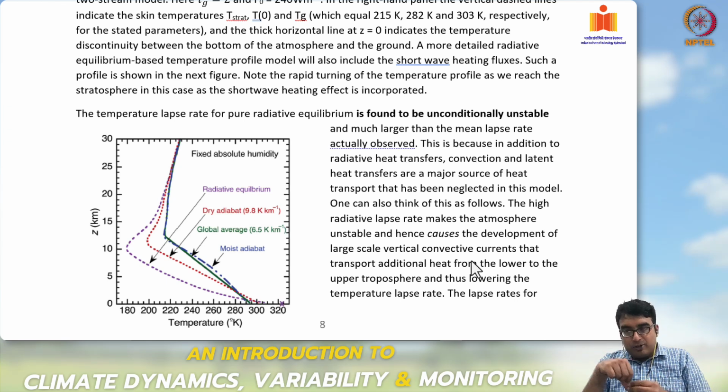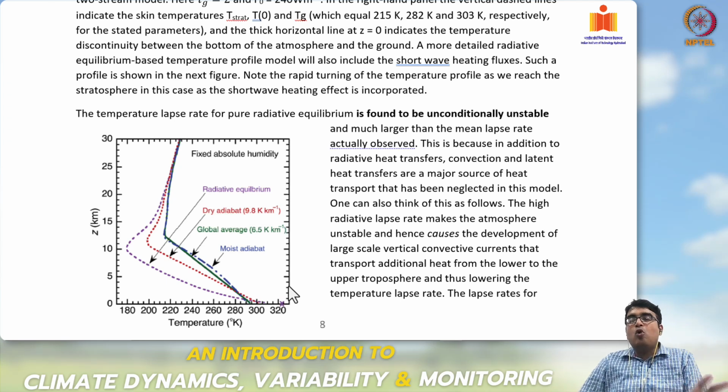So, convective forces have to be taken into account. When the full energy balance is taken, when the convective energy transport is also taken into account, then we get the overall mean lapse rate. Now, if you look back, we also discussed the differences in the fluxes from one location to another or from one season to another.